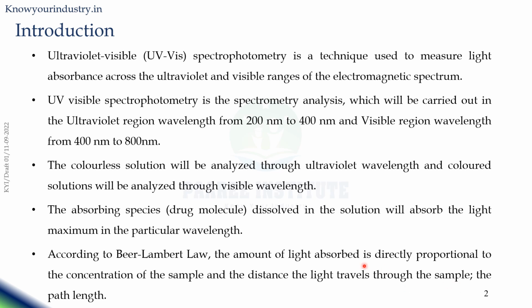So during the analysis, the only factor which is going to influence the amount of light absorbed is the concentration of the sample which you are going to measure. The distance the light travels through the sample is also called the path length, which is constant during the analysis. Hope the entire principles are understood in this particular slide.